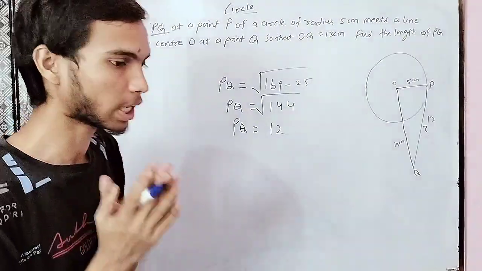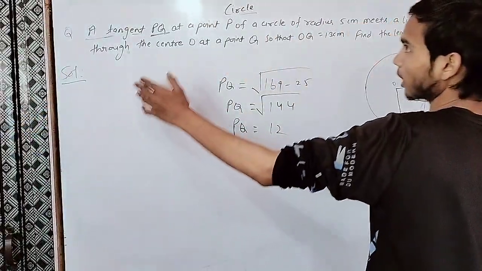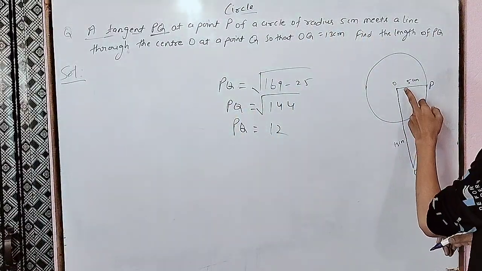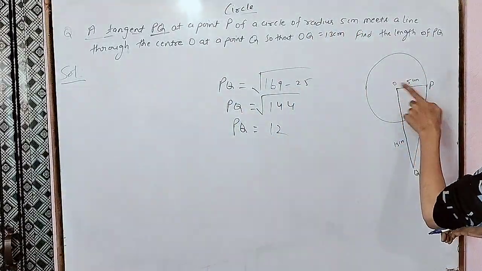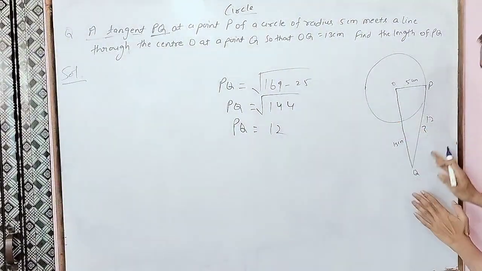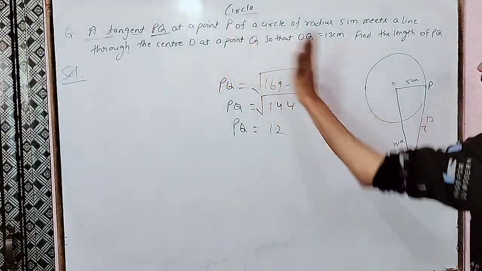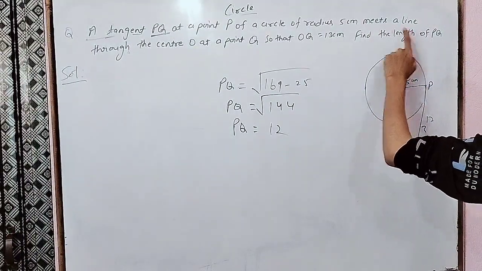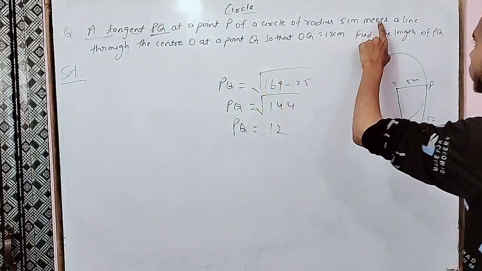So here again you can understand. PQ is a tangent, where the radius is 5 centimeter. We have drawn the radius.